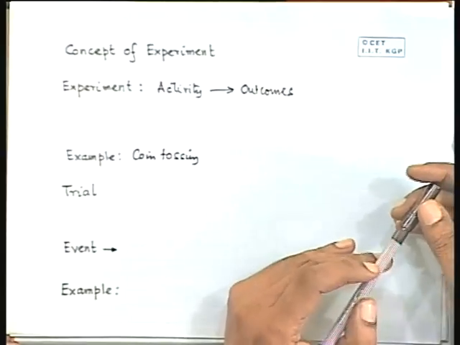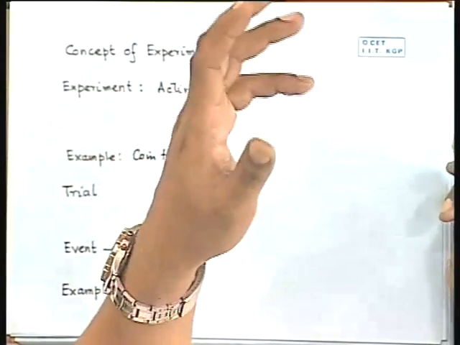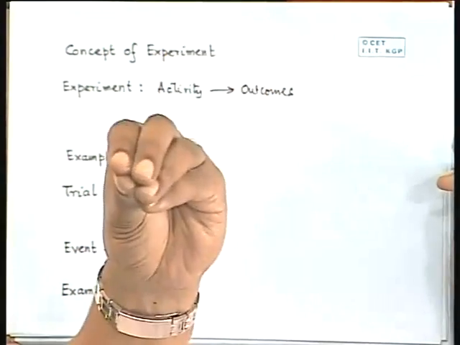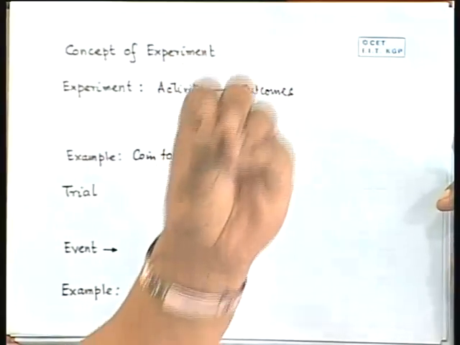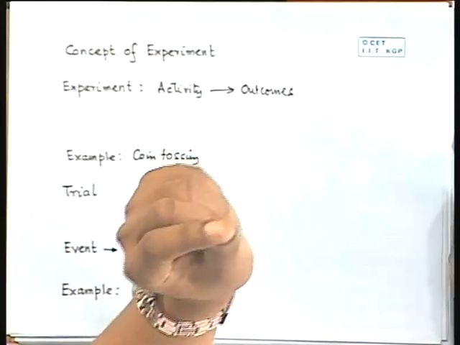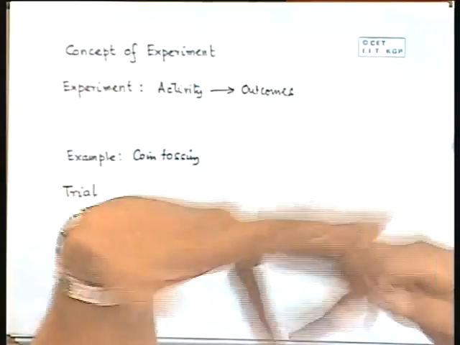Now we come to an event. An event is actually a slightly more complex entity than an outcome. Right? It's actually a generalized entity. For example, if you throw a die, right, there are how many outcomes possible? Distinct possible outcomes? 6. Right? But at the same time, of these 6, you can define another outcome or event, saying that suppose you define that the face that comes up is going to be even.